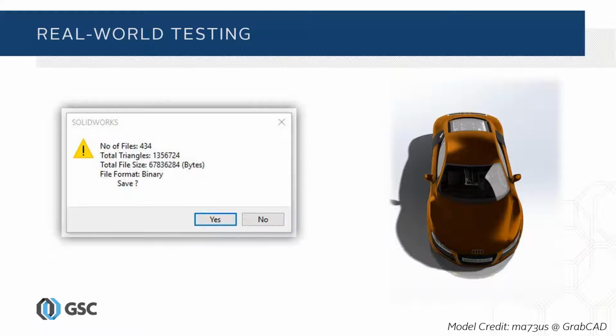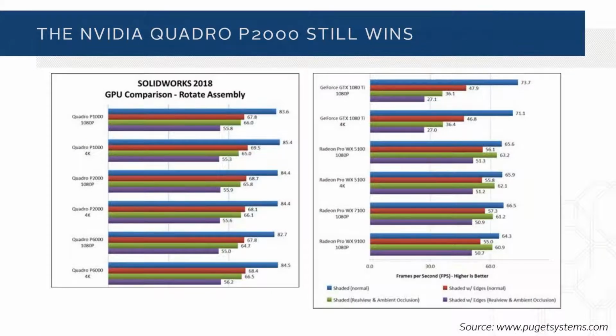So this thing is about 1.4 million graphics triangles, a little car. And again, these are older benchmarks, but this is what I can find. Basically, what we're saying here is that there are diminishing returns. I have cards that are in the $500 range at the time, all the way up to $2,000 plus.